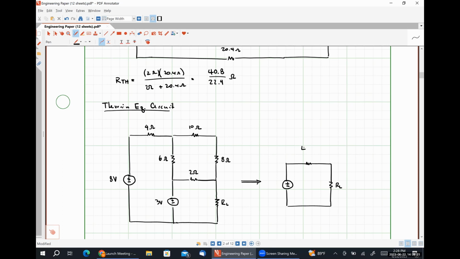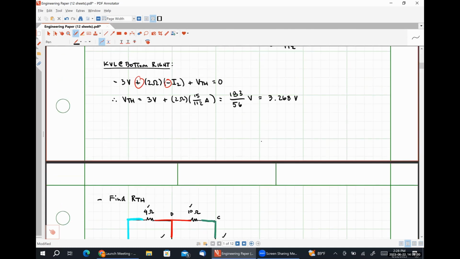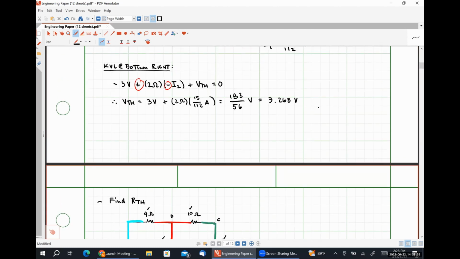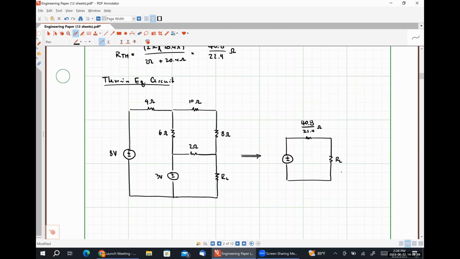So this will be that 40.8 over 22.4 ohm resistor. Because I don't remember what the Thevenin voltage was off the top of my head, 183 over 56. These two circuits are electrically equivalent according to Thevenin's theorem.